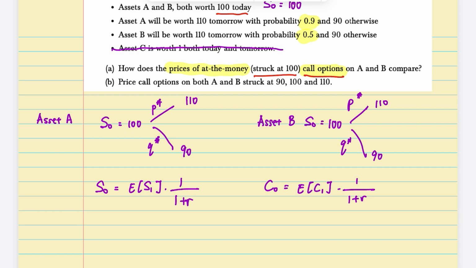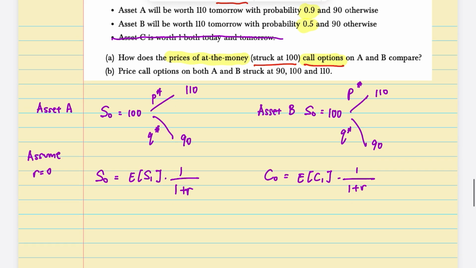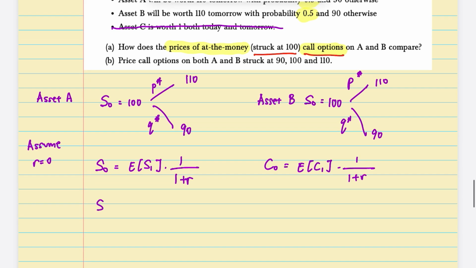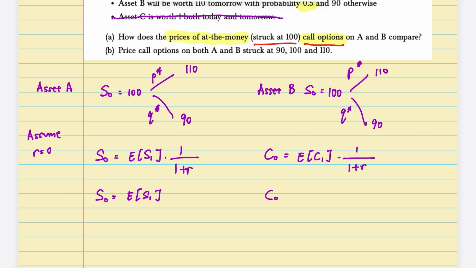But because the interest rate is not given, we can assume the interest rate equals 0, which simplifies the question even more. So now S0 is just the expectation of tomorrow's price, and C0, today's call option price, also equals tomorrow's call option price.